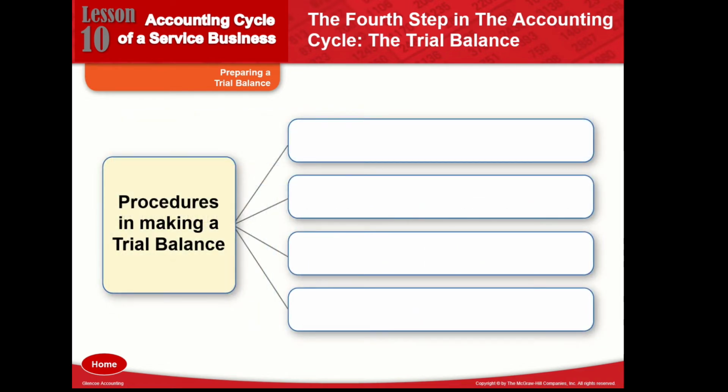Procedures in making a trial balance. First, proper footing of each account. Suppose that you already computed the balance of all of the account titles. Second, list down all accounts with balances.